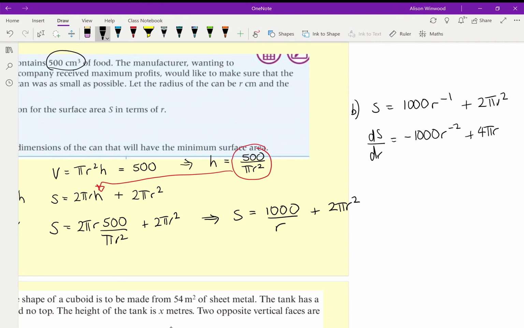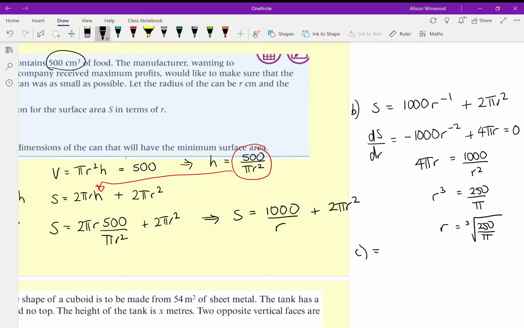And we want this to be a minimum, so this has to equal 0. So rearranging, we get 4 pi r equals 1000 over r squared. So r cubed is 250 over pi, and r is the cube root of 250 over pi. That's our value for r that will give us the smallest surface area.